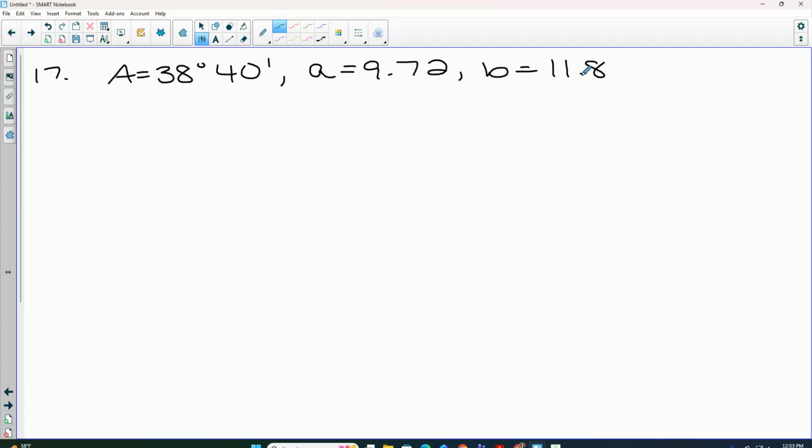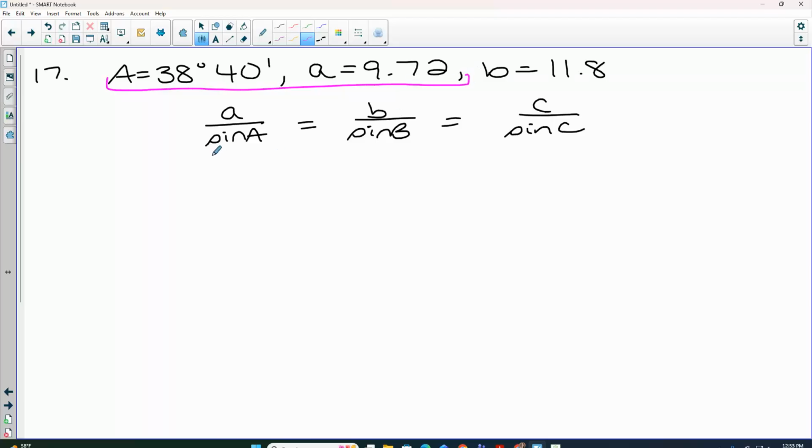Law of sines works well when you have an angle side pair. Because remember, law of sines was A over the sine of A equals B over the sine of B equals C over the sine of C. So since I have both angle A and side A, this would probably be the route to go.